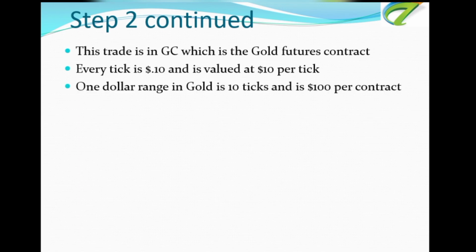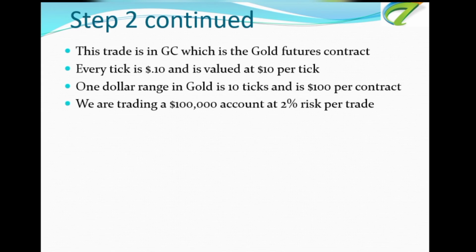A $1 range in gold is 10 ticks and is $100 per contract, as most traders are already familiar. We are trading a $100,000 account at 2% risk per trade, giving us a risk of $2,000 per trade. Therefore, our R is 2,000.